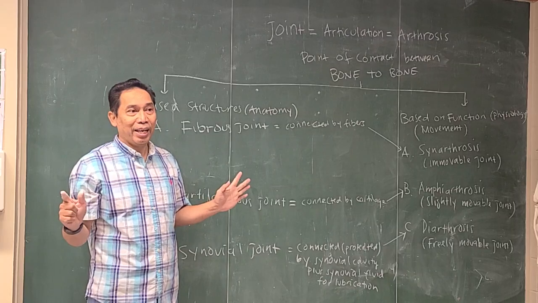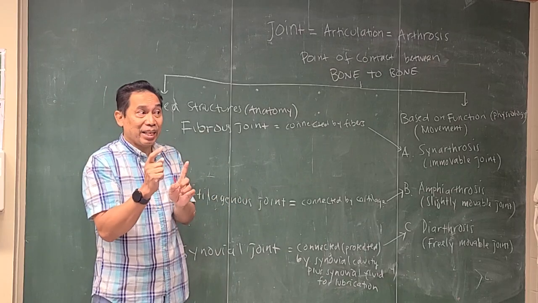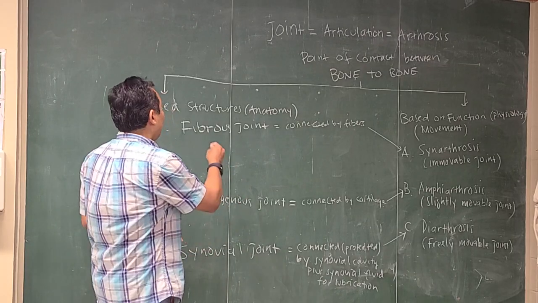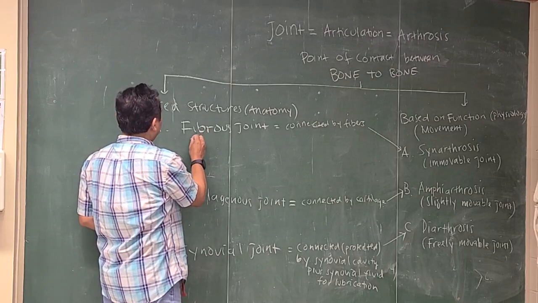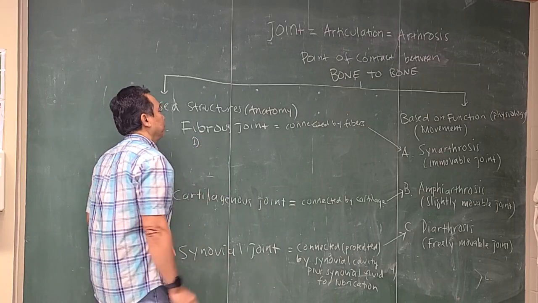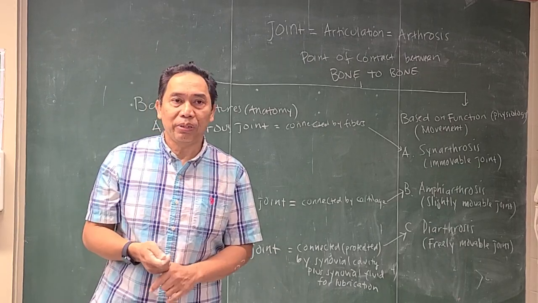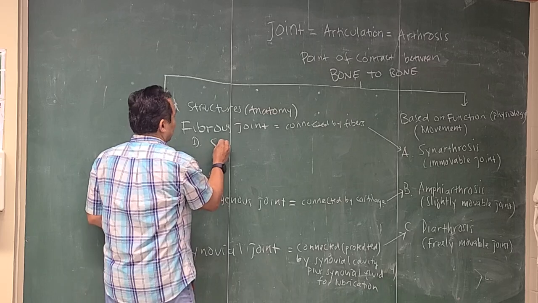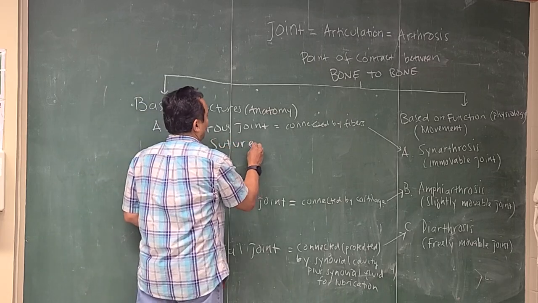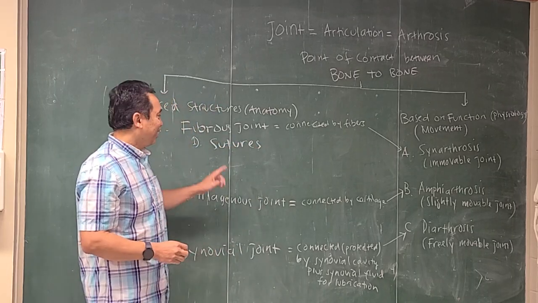Okay. Now we're going to see the example. The fibrous joint is divided into 3 types. First, we call it suture. How do you say it? Suture. Okay, suture.